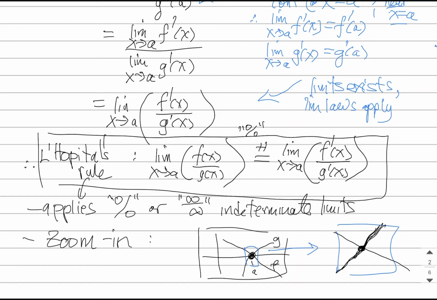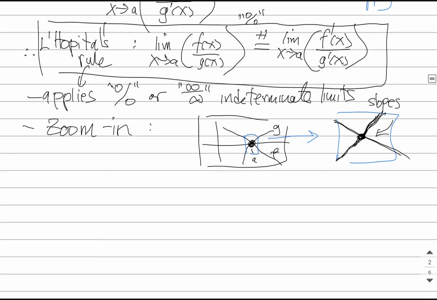And so what's important here is not so much the functions themselves, but their slopes. And so it's going to tell us something about the value of the limit by evaluating how fast they get there, talking about each of their slopes and the ratio of their slopes. So L'Hopital's rule is really useful.